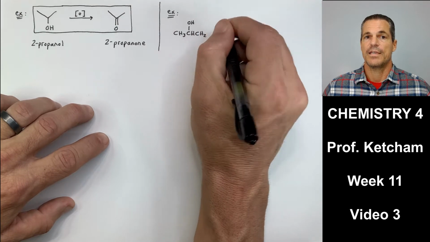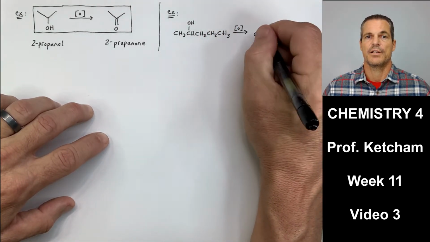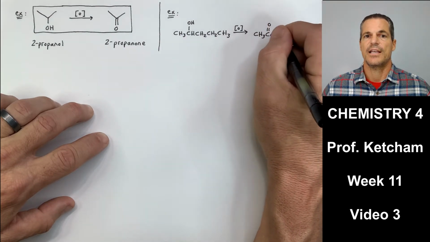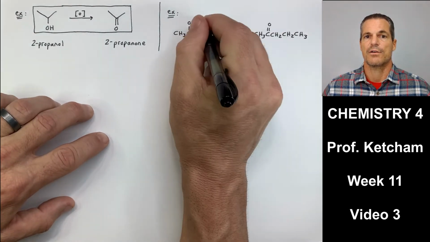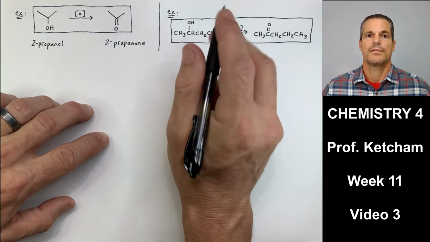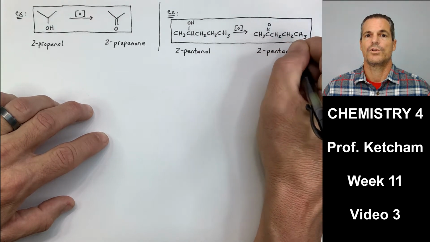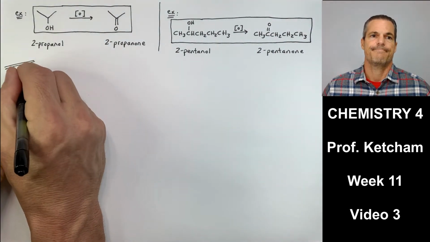We'll learn how to name ketones later on in this video, and 2-propanone will make sense then. Second example, I have a secondary alcohol, again getting oxidized to a ketone. This is 2-pentanol getting oxidized to 2-pentanone.